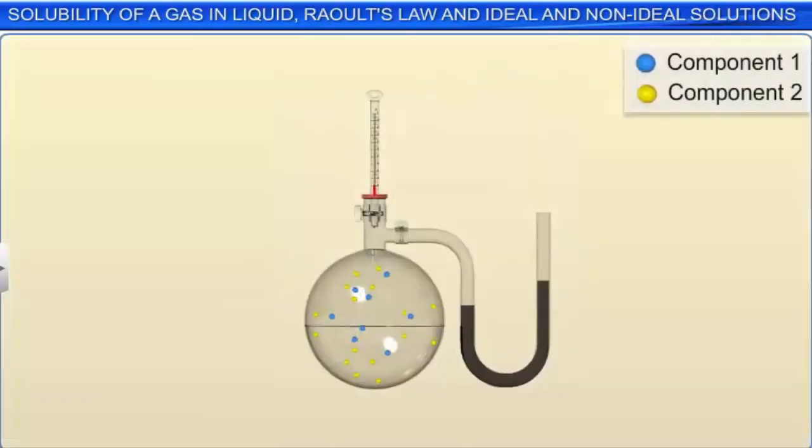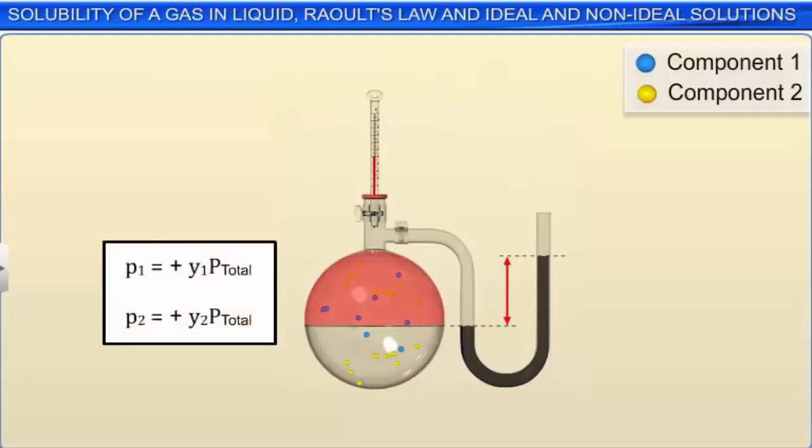Further, as the vapor phase is in equilibrium with the solution phase, the composition in the vapor phase can be determined from the partial pressures of the components by the equations P1 is equal to Y1 P total and P2 is equal to Y2 P total, where Y1 and Y2 are the mole fractions of components 1 and 2 respectively in the vapor phase.